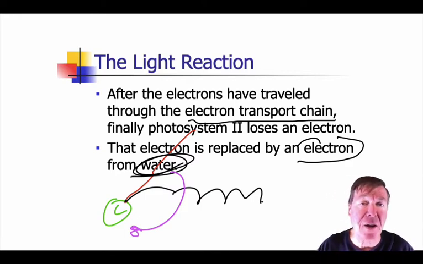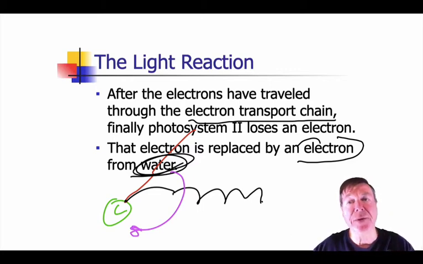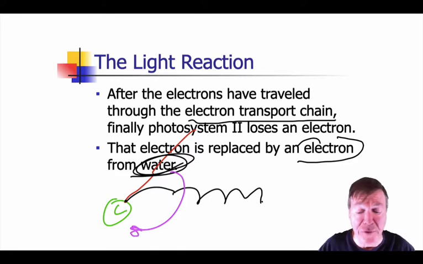So we kick out an electron, it moves around, moving down this energy gradient, and we need to replace it. What do we replace it with? An electron from water. It's almost like the exact opposite of respiration, where we went down the electron transport chain and we connected it and made water. Here we're splitting it and putting it back into the photosystem.